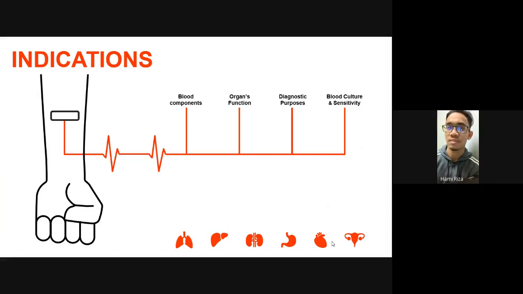Apart from these, another indication for venipuncture is for cross-matching prior to blood transfusion, in order to determine whether the donor's blood is compatible with the recipient's blood. Okay, next.